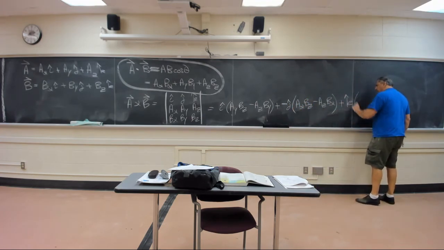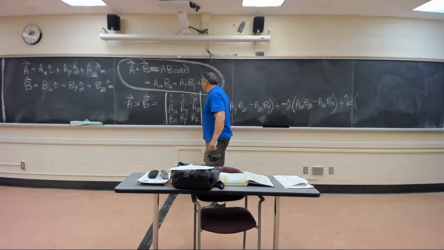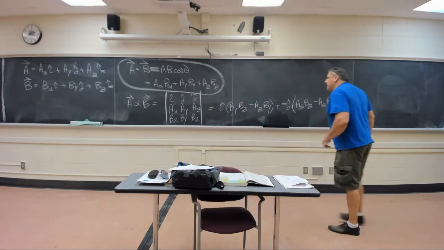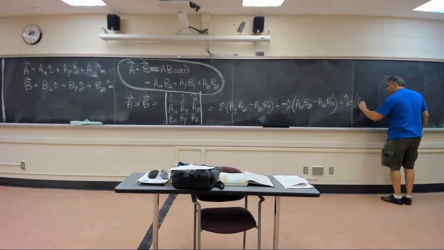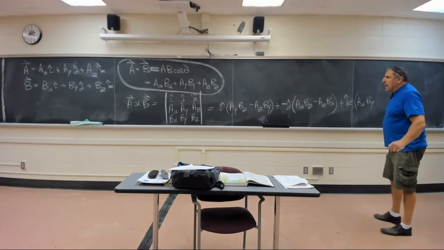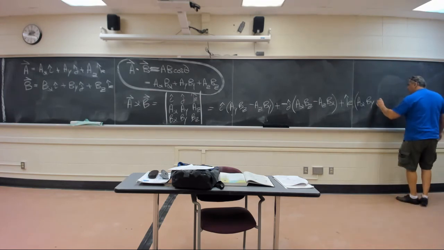Then the K vector, row 1, column 3: 1 and 3 is 4, it's going to be even. AXBY minus AYBX.